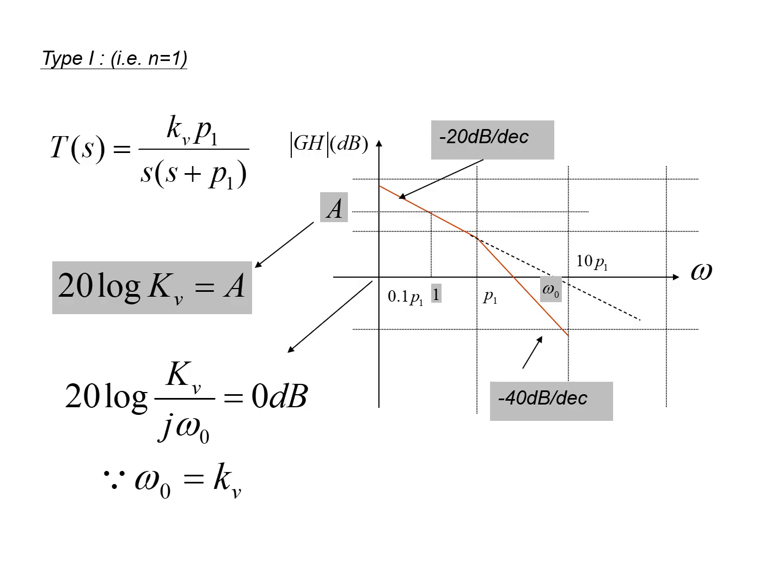This is the graph, for omega equal to kv. It will go down 40 dB per decade, and this line is minus 20 dB per decade.